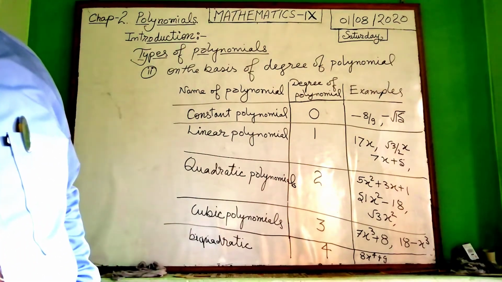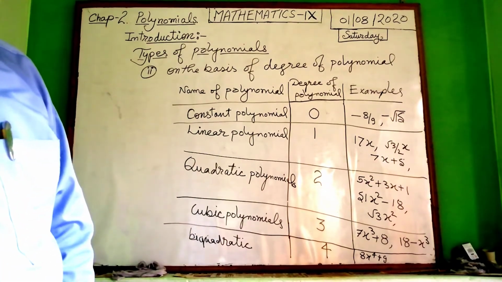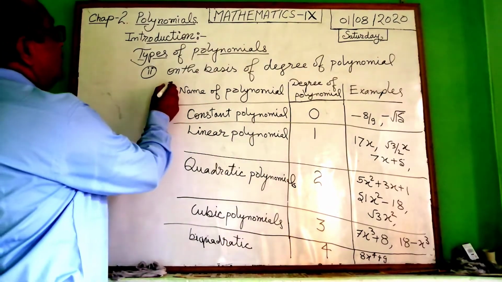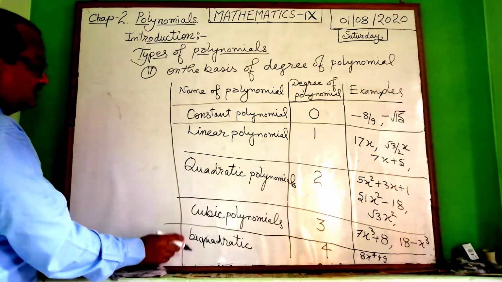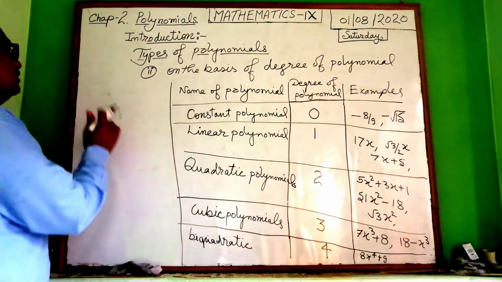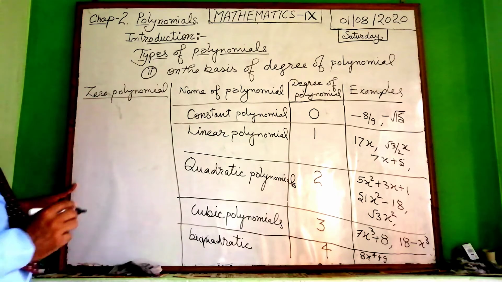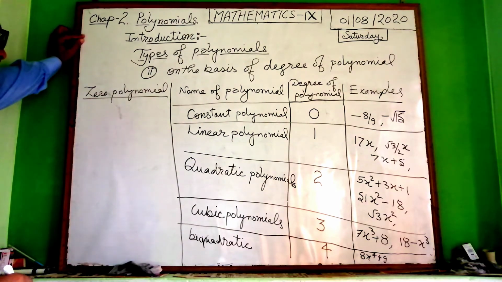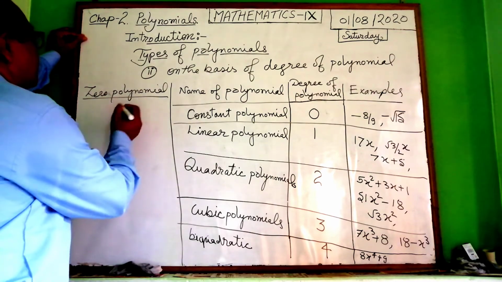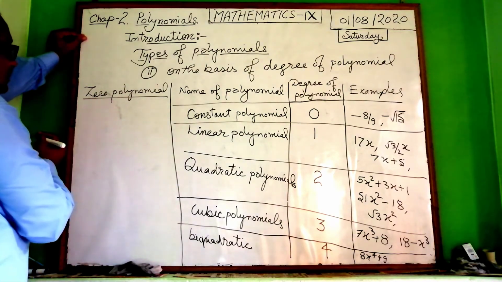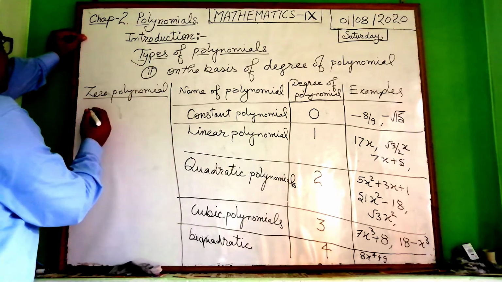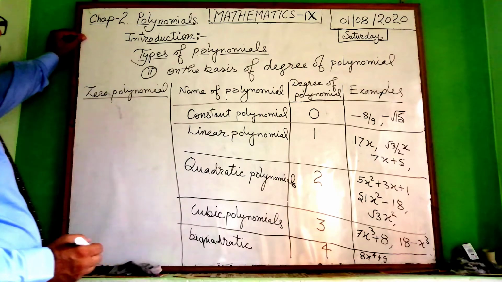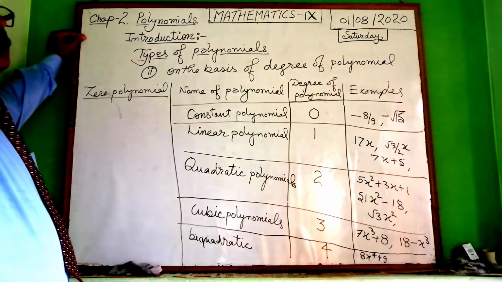Now see about the meaning of zero polynomial. One more thing I would like to discuss. What is the meaning of zero polynomial? Before understanding the zero polynomial, you must know the standard form of a polynomial in x. How will we write the general form?